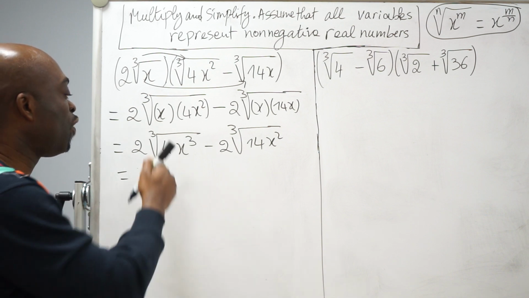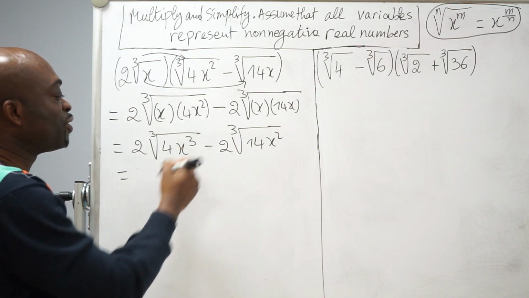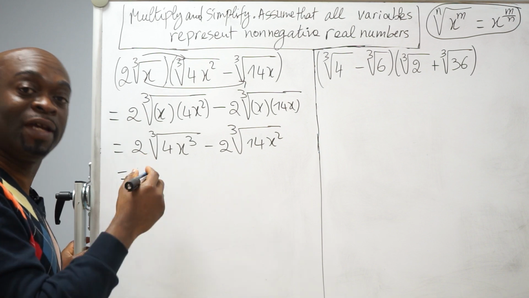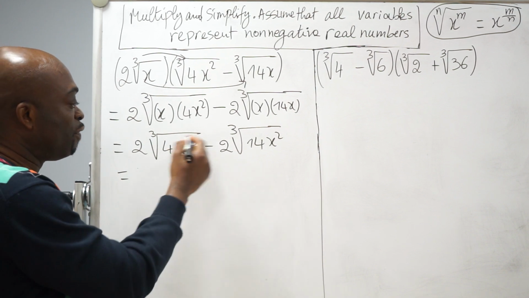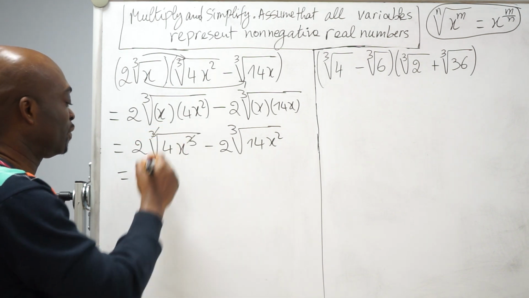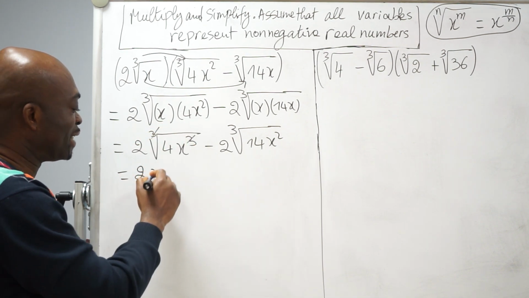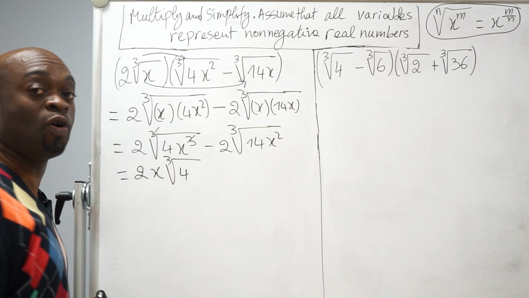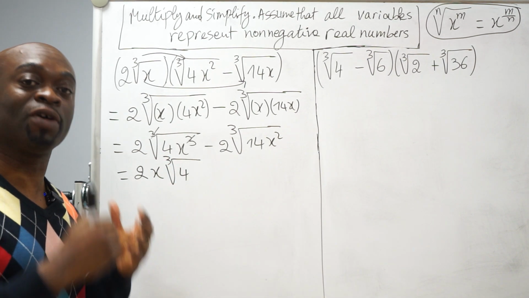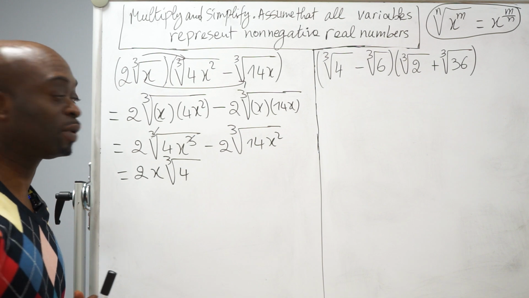No. So 4 will stay 4. What about x to the third power? X to the third power is a perfect cube because 3 can divide 3 evenly, and that is x. So that is 2, then the x comes out. And then we had cube root of 4, because 4 couldn't have been broken down, so we keep it underneath.